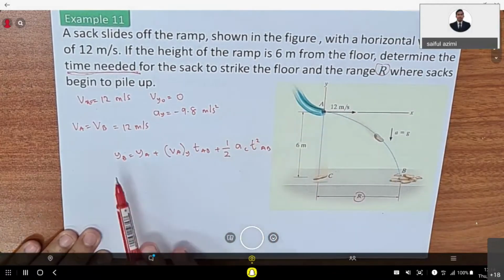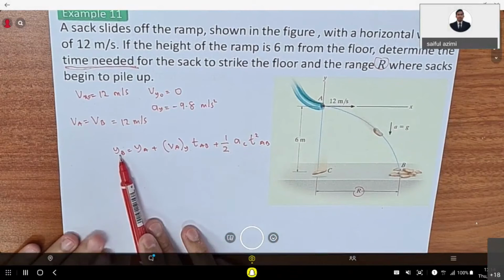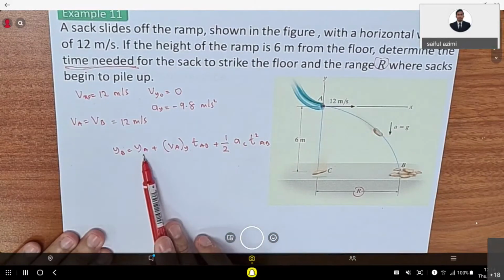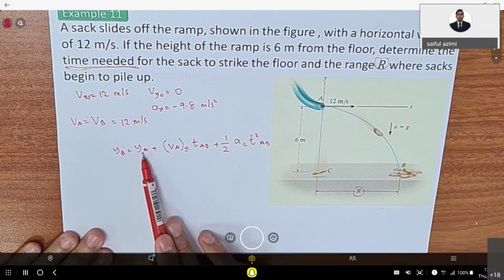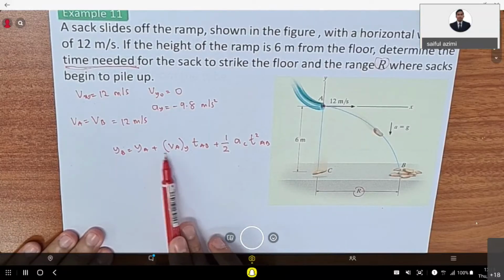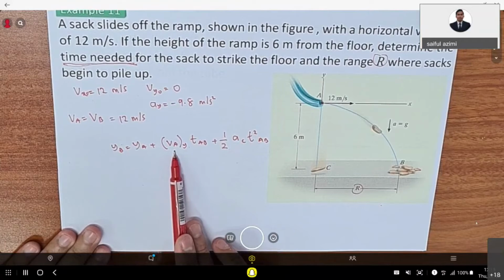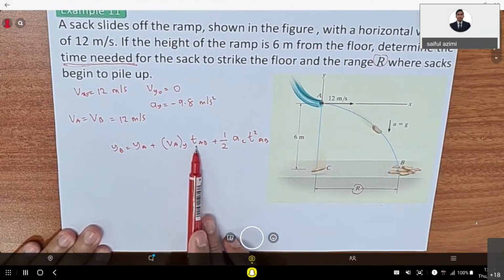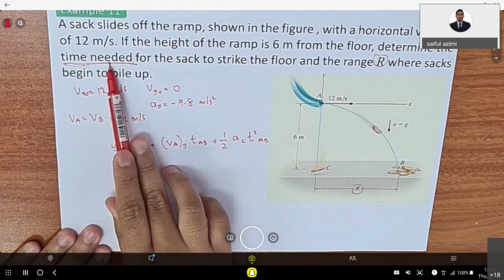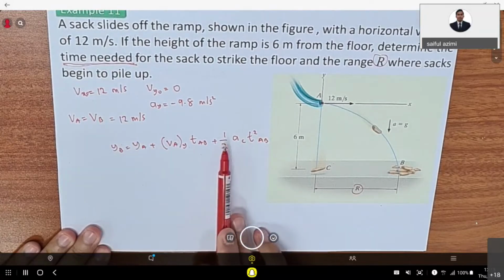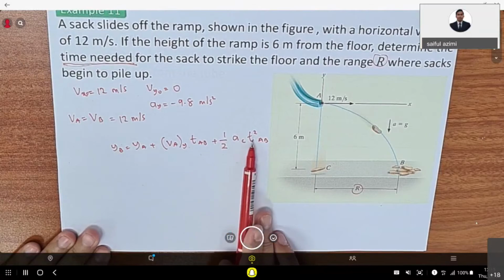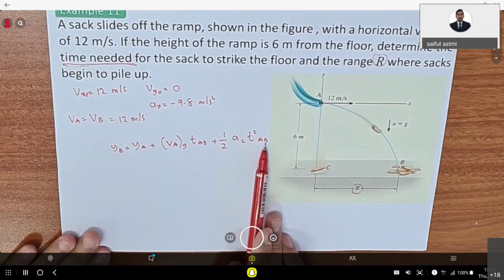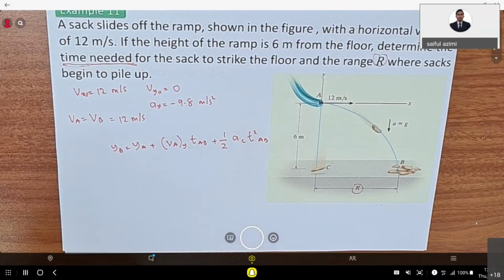This is the final position of y, the initial position of y, plus the initial velocity of y multiplied by the time of flight, plus 1/2 multiplied by acceleration multiplied by time squared. So you can substitute the values here.